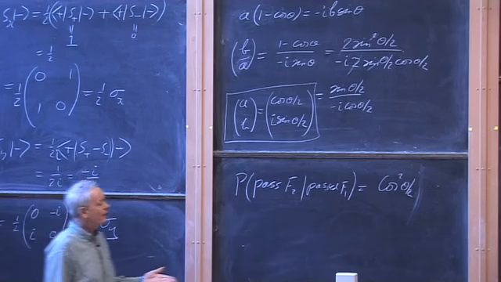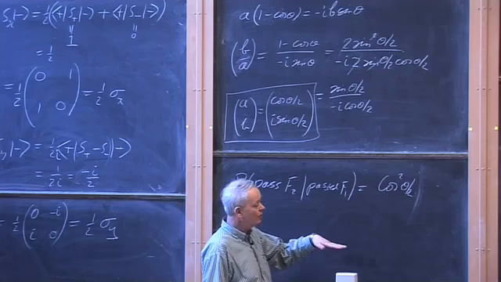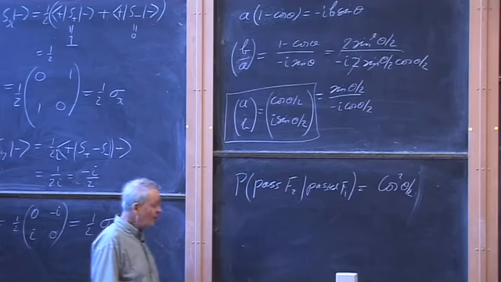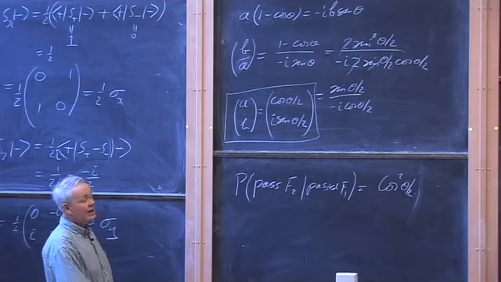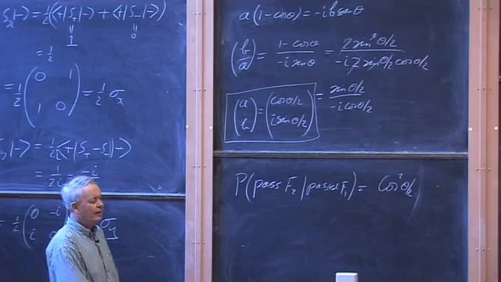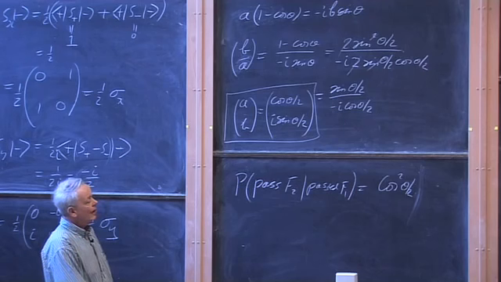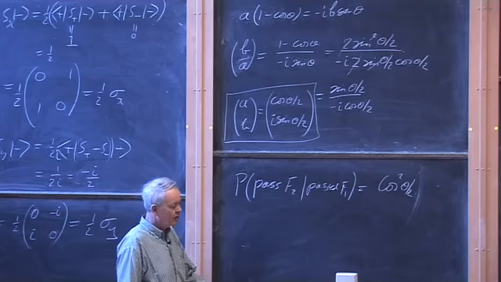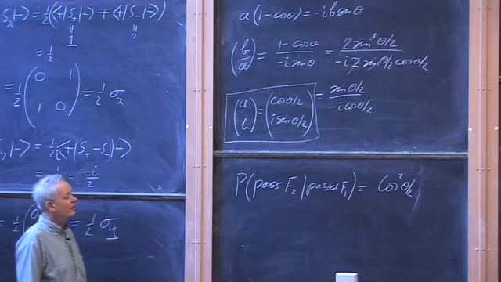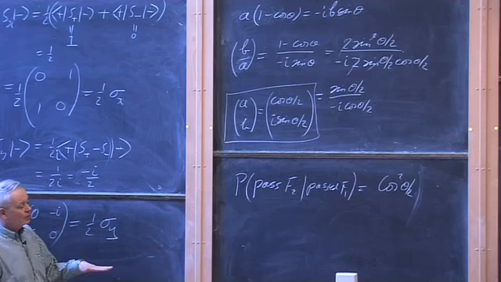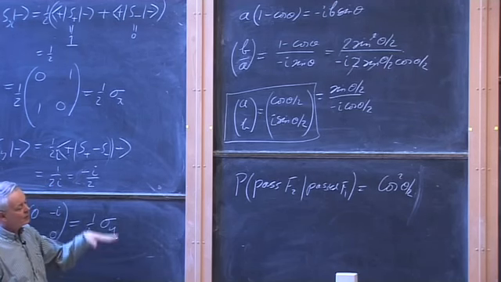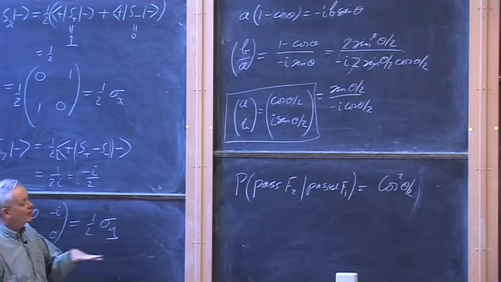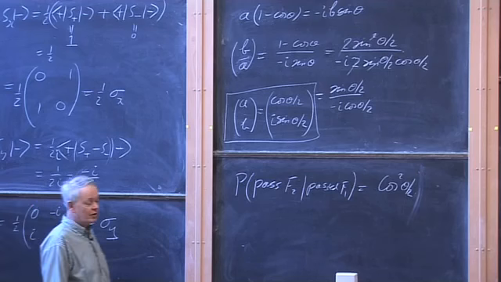If I put theta equal to pi upon 2, then the n direction becomes the y direction, and we're measuring in a direction which is orthogonal to the z direction. And then you would think that knowing what the component of the angular momentum in the z direction was couldn't possibly affect the angular momentum in the y direction.